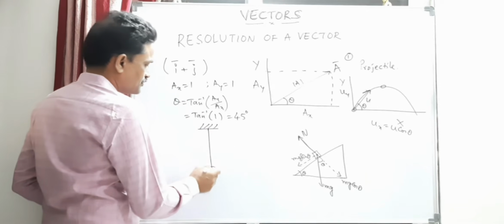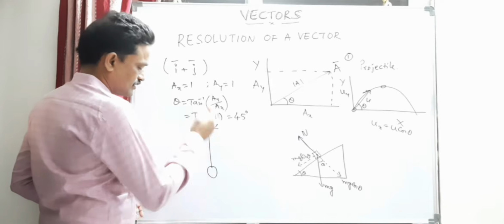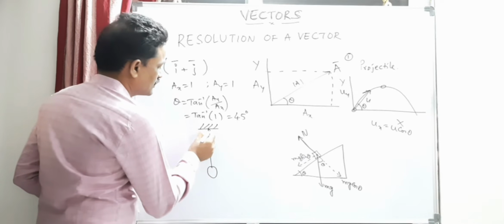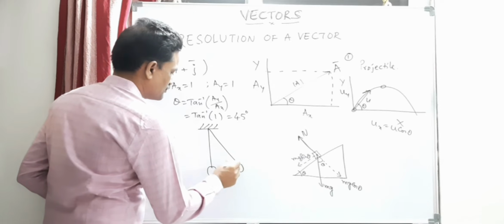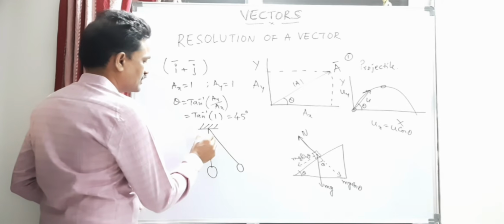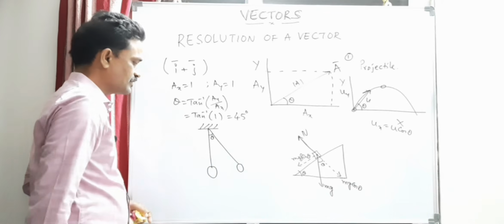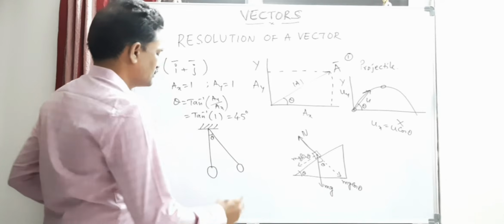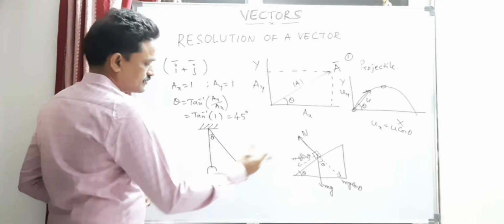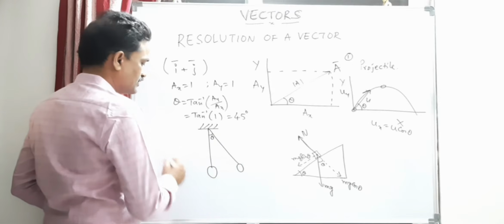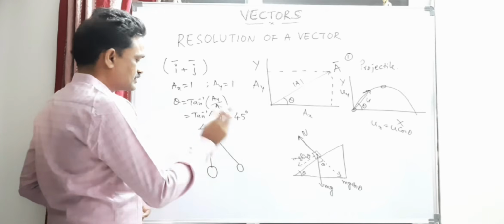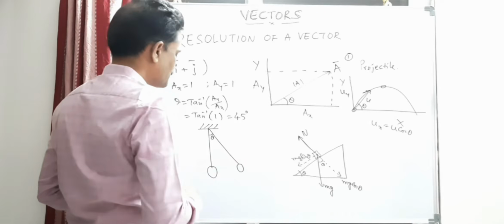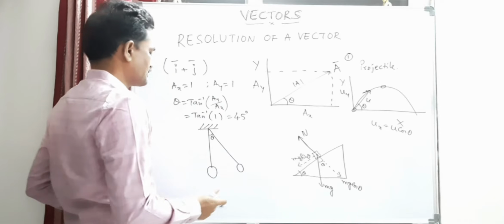So this is a bob connected to a wire or thread of length L. In order to oscillate it, I will pull it to one side, making a small angle theta, infinitesimally small, then only it will be in SHM. So I will pull it sideways and then leave it. Then it makes simple harmonic oscillations. What simple harmonic motion is, we will discuss in the next chapters.